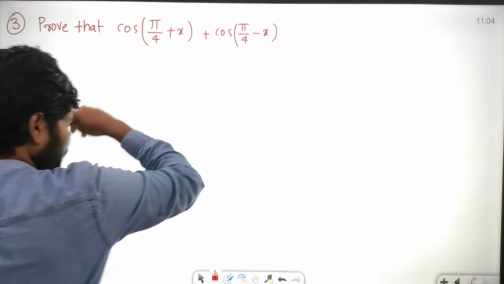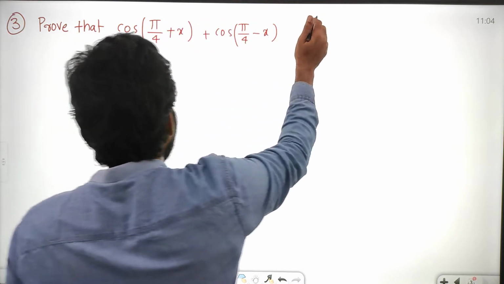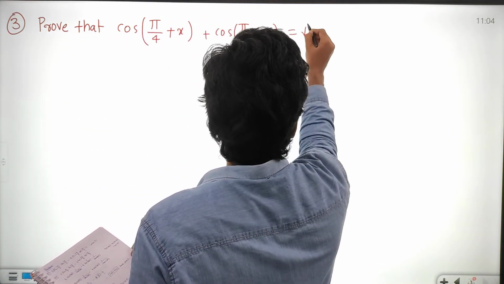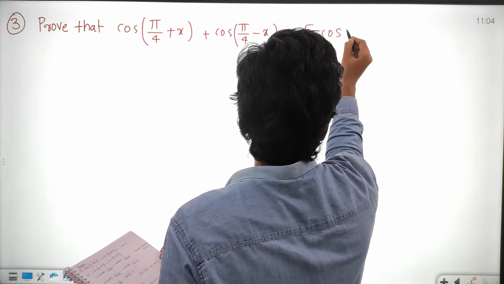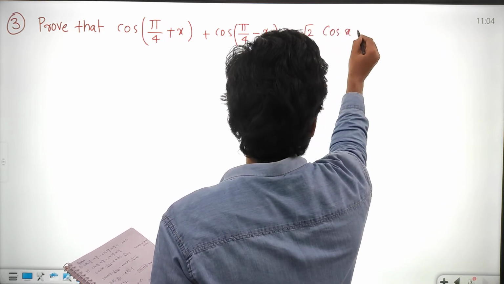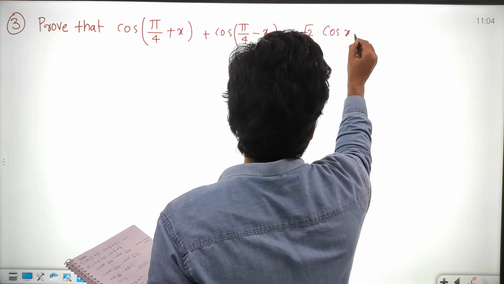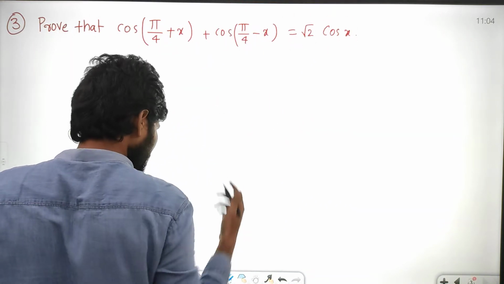Sorry, I read it as a 6, but this is x. The answer is root 2 cos x. So what do I do? We have to take the left-hand side and prove this.